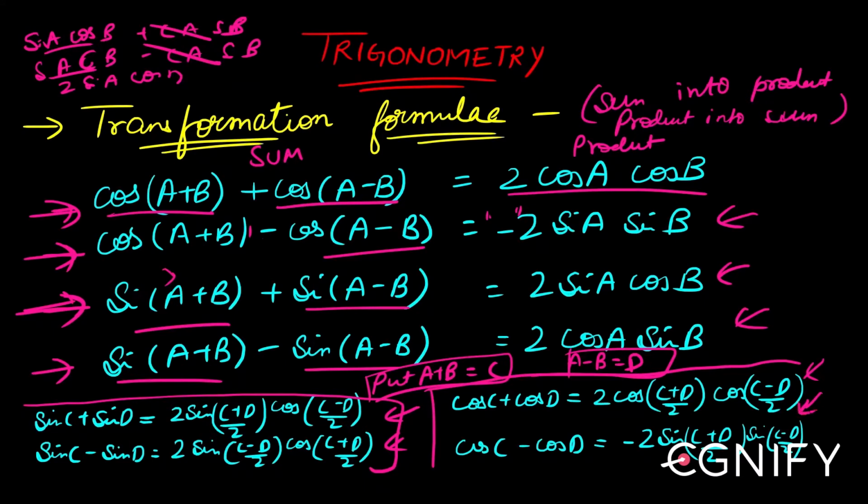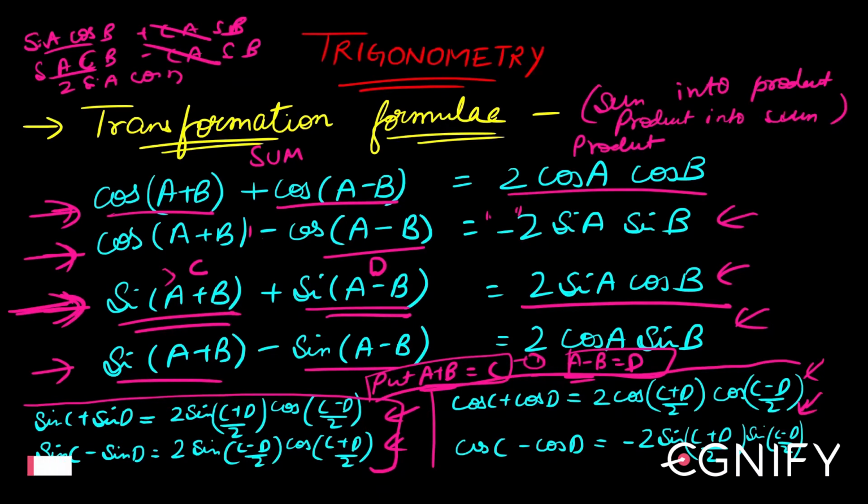And these 4 are what you need to remember actually. So there's no real understanding here. You know the formula for this, you know the formula for this. I'm asking you to add them, keep this, then use this result, putting A plus B as C, A minus B as D. That's how you'll be able to solve.